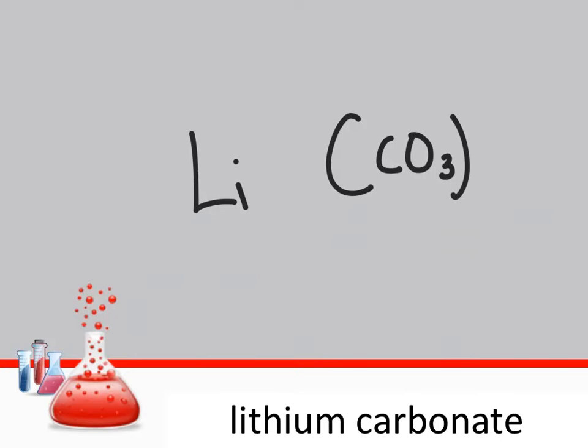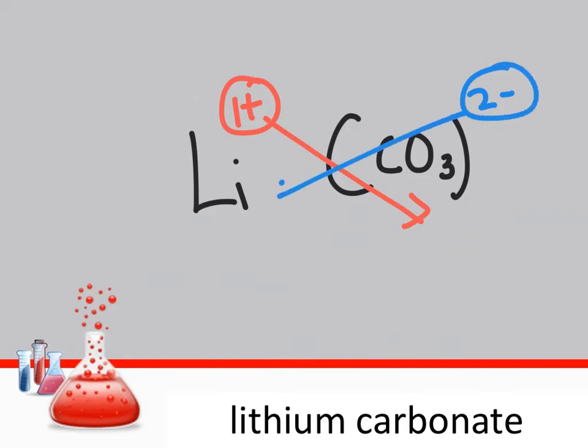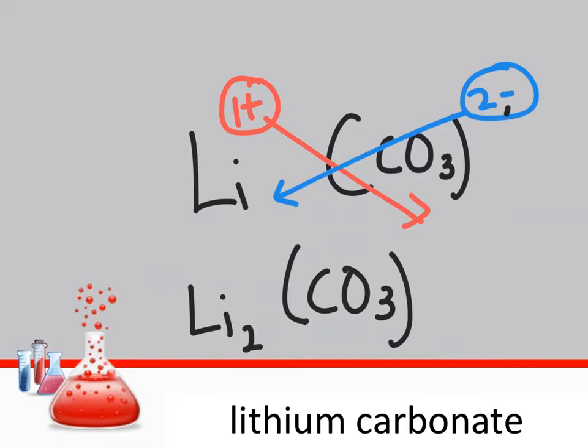The charge is listed there as well. We look at the periodic table in the front for lithium, it's a 1+. I'm going to exchange those numbers and then rewrite the new formula. So it's Li2 and then CO3 1, but I don't write 1, so I'm done with that.